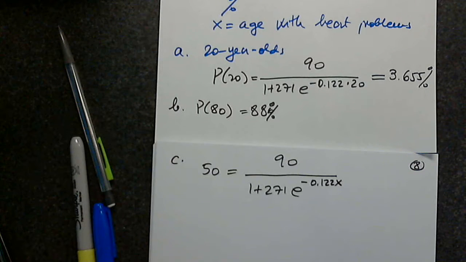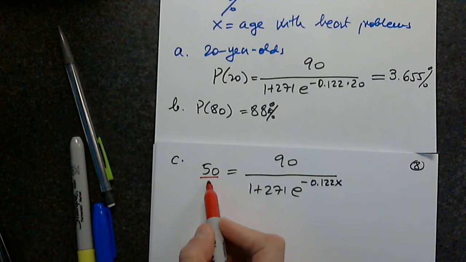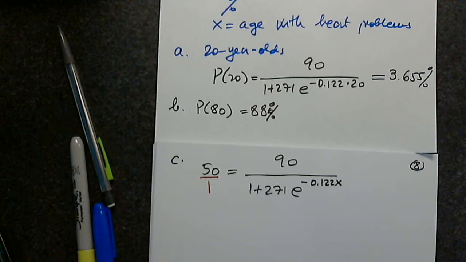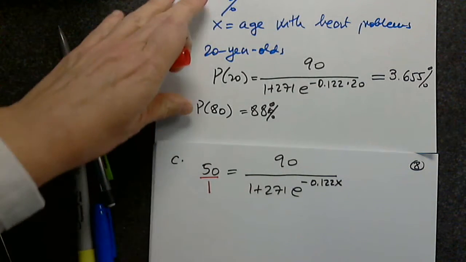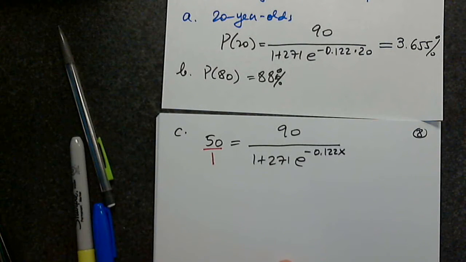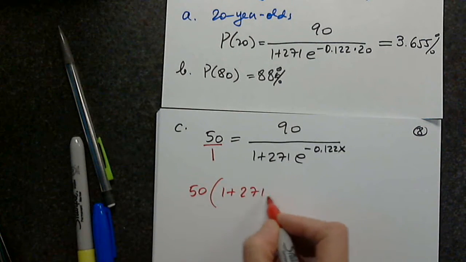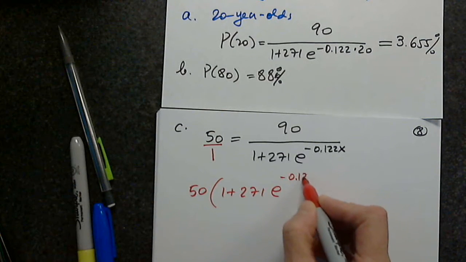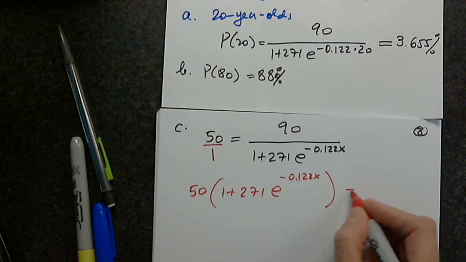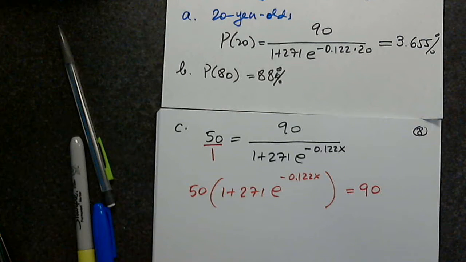I'm only going to give one hint, and you'll tell me the next step. Very good. So keep it without distributing this time. So 50 in parentheses, 1 plus 271 e to negative 0.122x, equals 90. Remember, I'm trying to get here. This is my target.